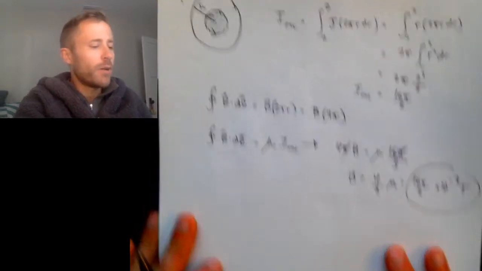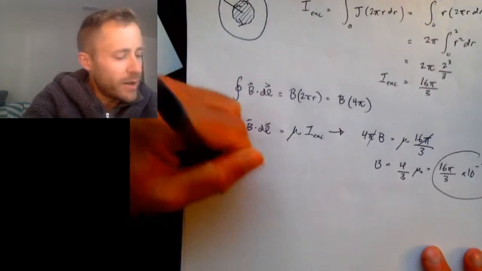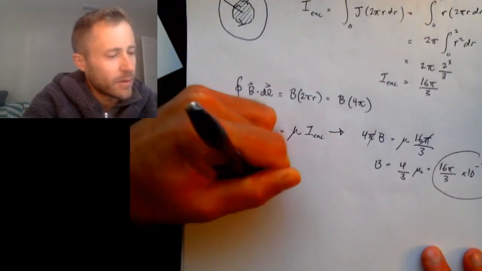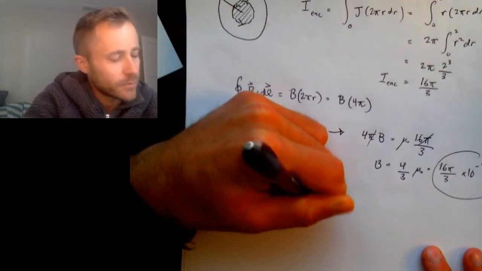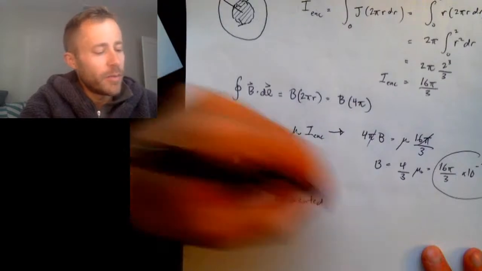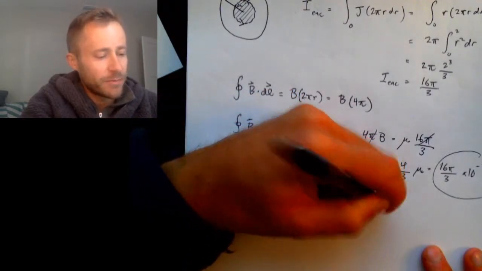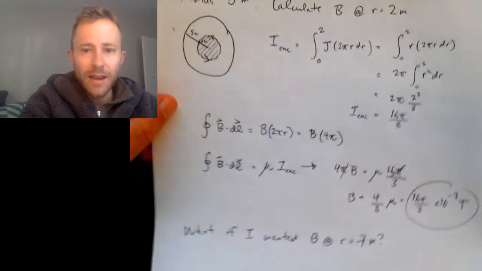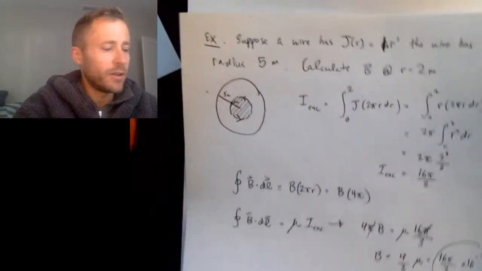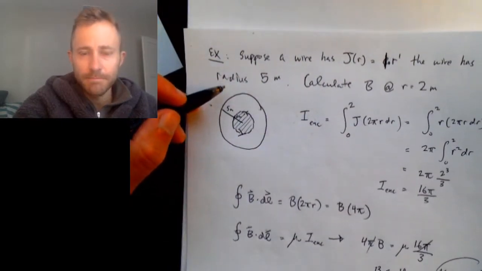Now, what if I wanted the magnetic field at r equals 7 meters? Well, that r equals 7 is beyond the total radius of the wire.